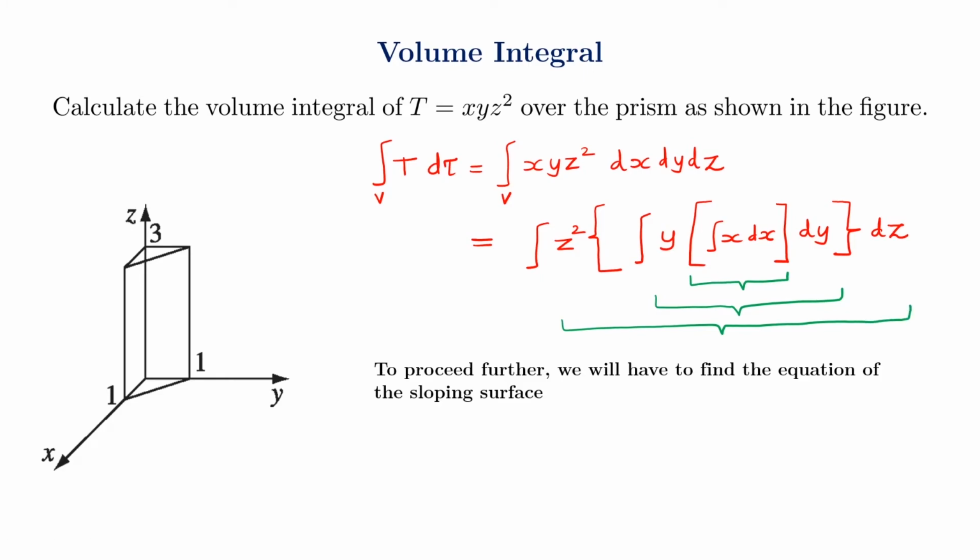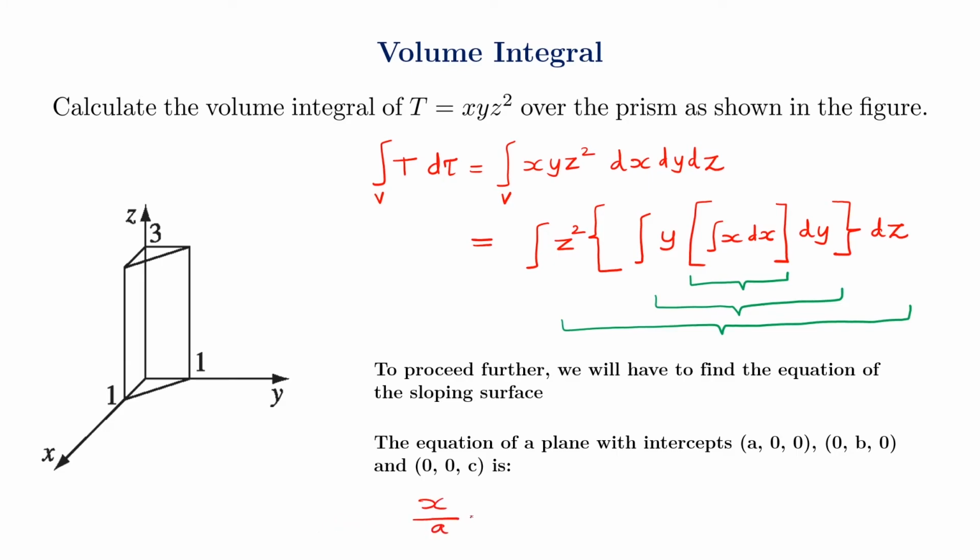To proceed further, we'll have to find the equation of the sloping surface. The equation of a plane with intercepts a, 0, 0; 0, b, 0; and 0, 0, c is given by x by a plus y by b plus z by c equal to 1.